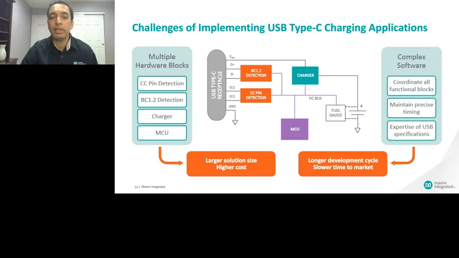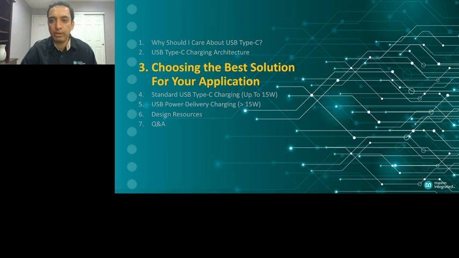So how do we avoid these situations, and how do you overcome these problems? Let's take a look at that. As you know, there are a number of solutions available on the market, and I want to spend some time guiding you to choose the best solution depending on the type of application that you have.